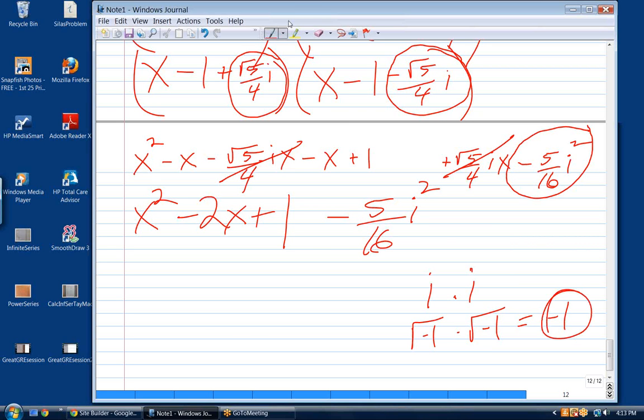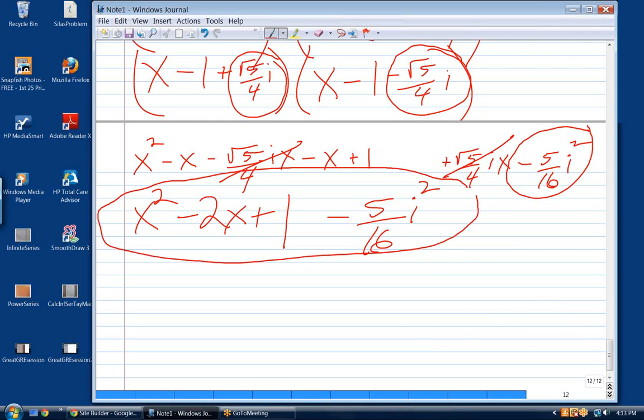So i squared is a negative 1. And remember that, because you always have to convert that. In other words, we want to turn this into a real number, not a complex number. And we can because i squared is real. I squared is negative 1, so this becomes plus 5/16.